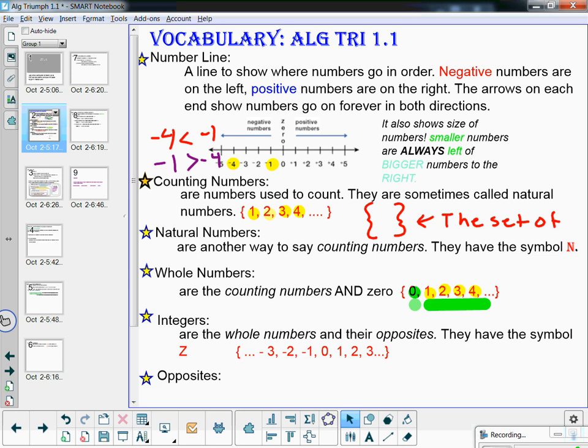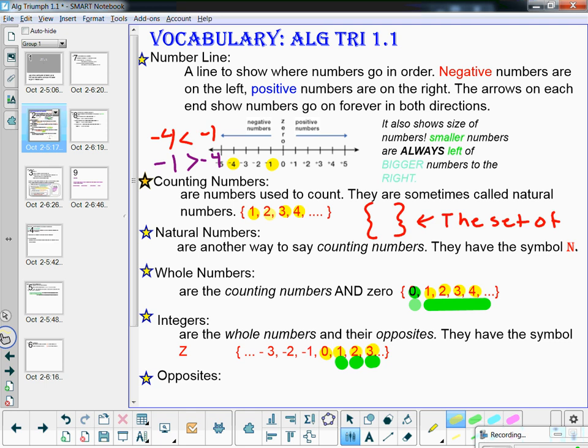They have the symbol Z. The whole numbers 0, 1, 2, 3. Those are the whole numbers. Remember, the counting numbers were 1, 2, 3. Whole numbers are the counting numbers 1, 2, 3 plus the number 0. The whole numbers are 0, 1, 2, 3.